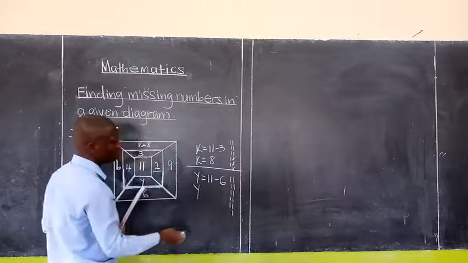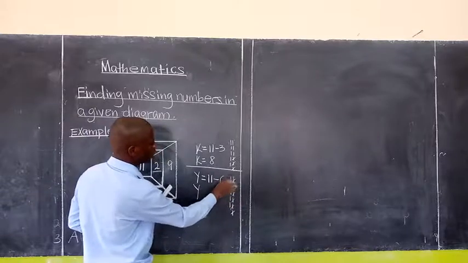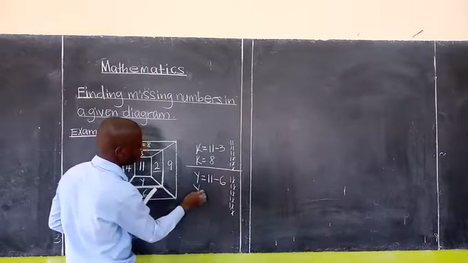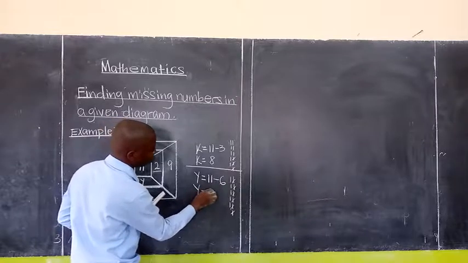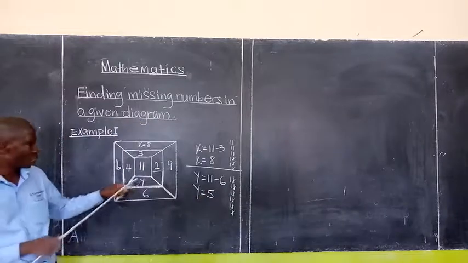We are now taking away 6. 1, 2, 3, 4, 5, 6. 1, 2, 3, 4, 5. We are remaining with 5. So the value of y is 5.